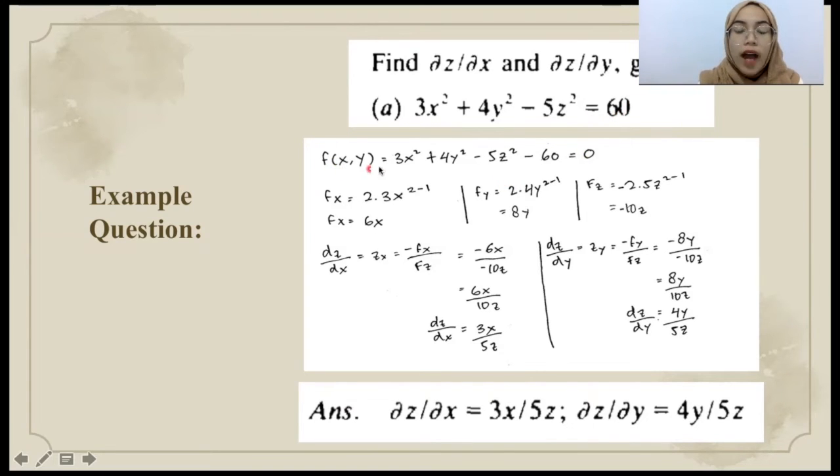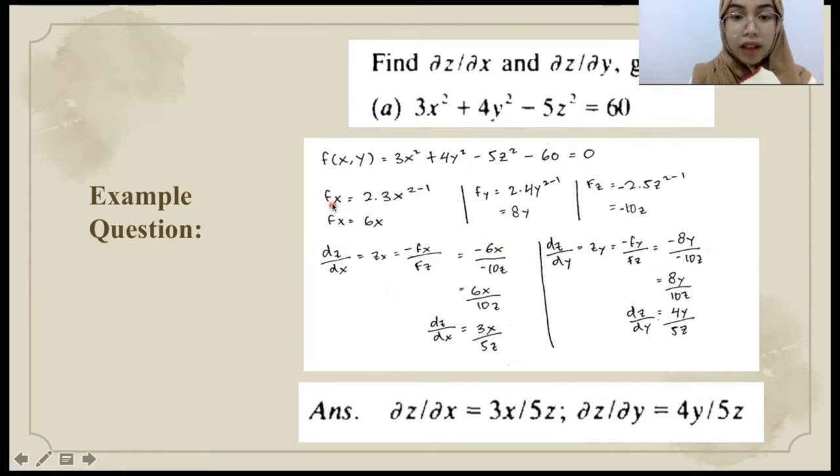So f of x comma y comma z equals 3x squared plus 4y squared minus 5z squared minus 60 equals 0. And now we can start to look for each variable.